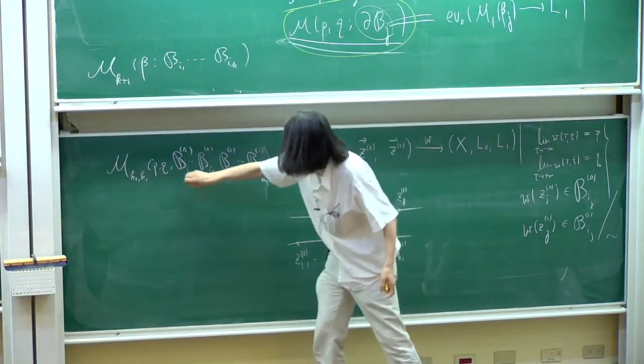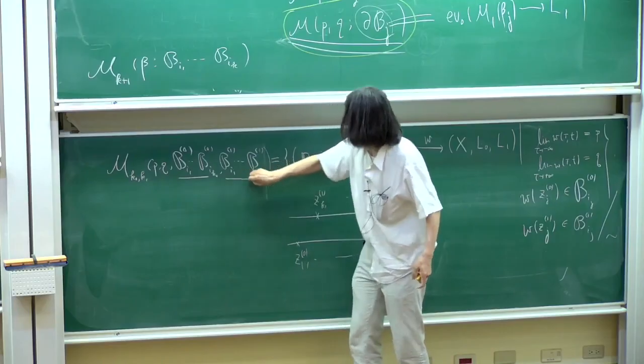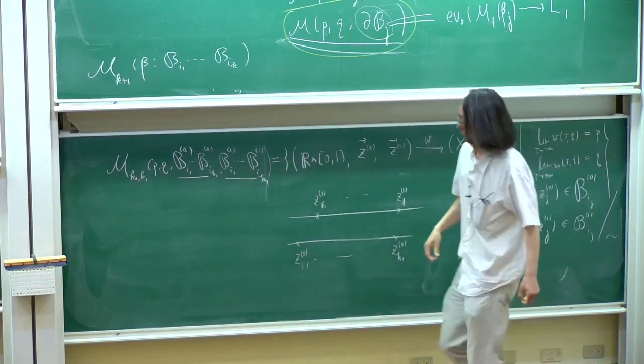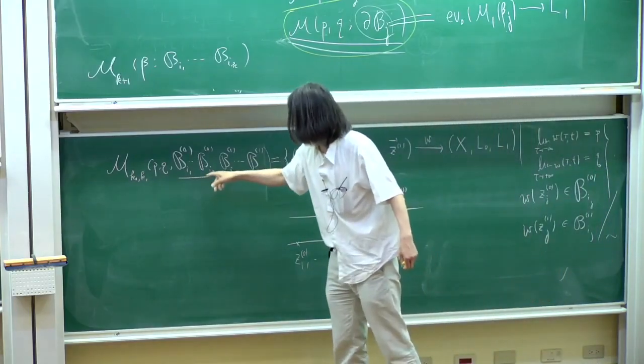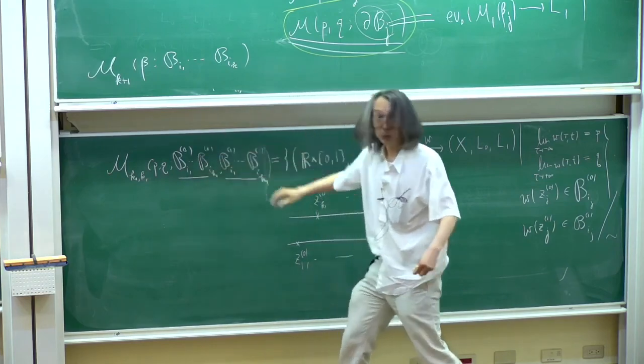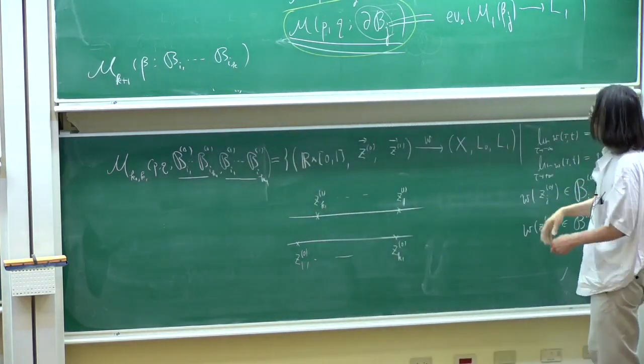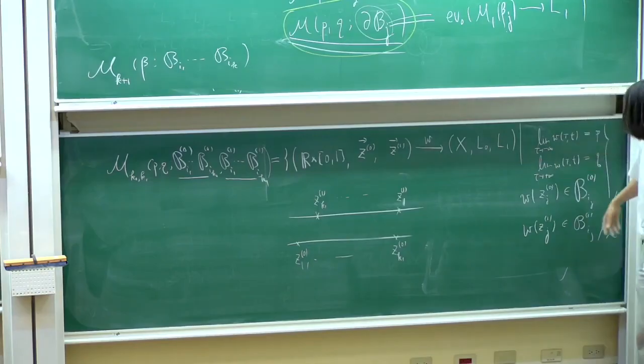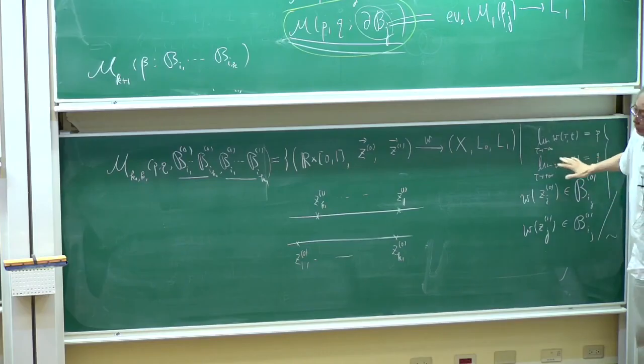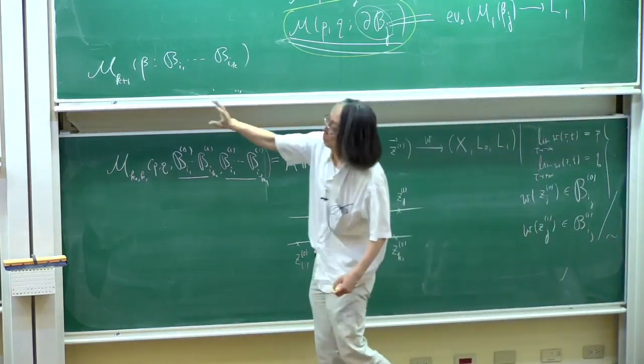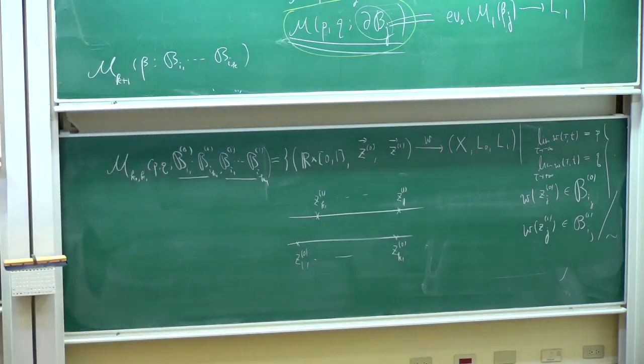So therefore I need two sets of these curly B's, k0 many or k1 many of them, and then require the constraint at these boundary marked points. And so this is the moduli space we use to define the boundary operator.